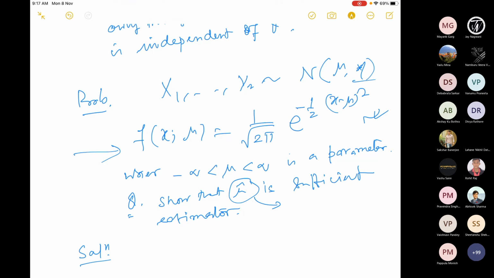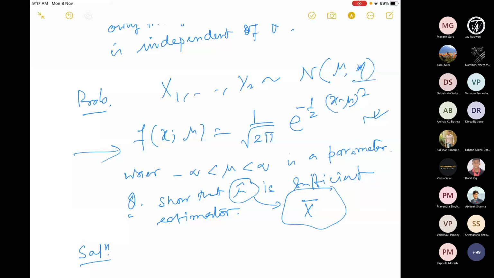What is the estimator for mu in the case of normal, using ML, or let's say MOM? Mean itself. Yes, but mean is a parameter, and I need a statistic. So this is X bar, a function of x1, x2.